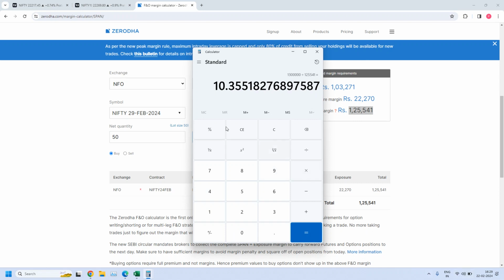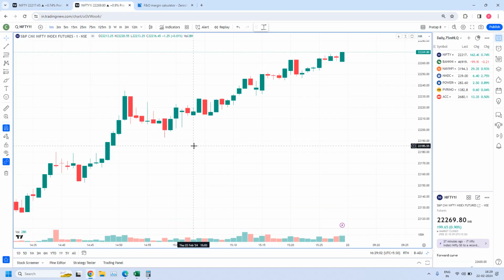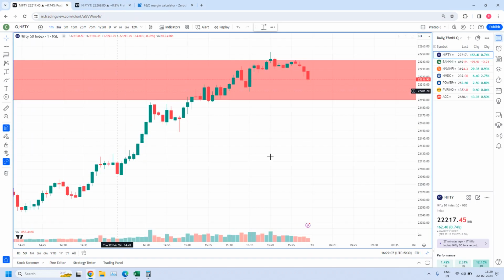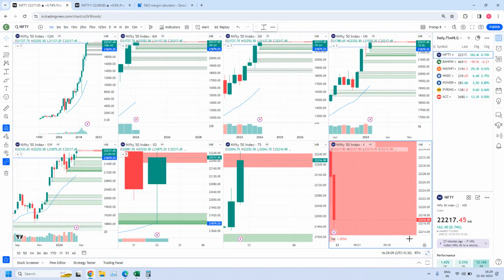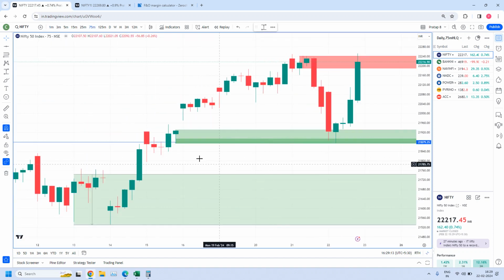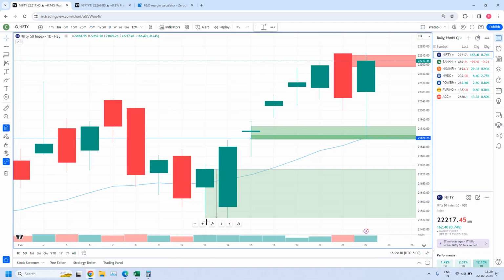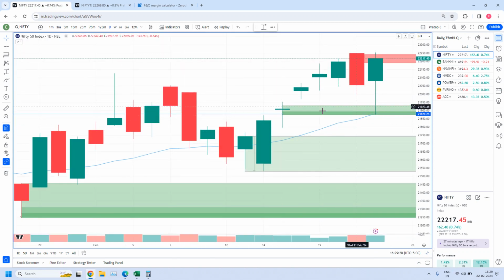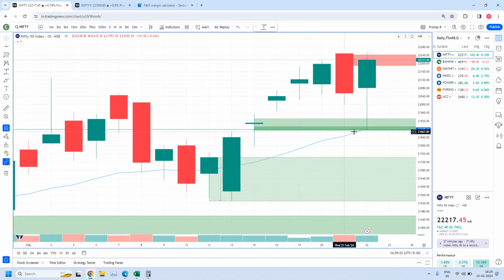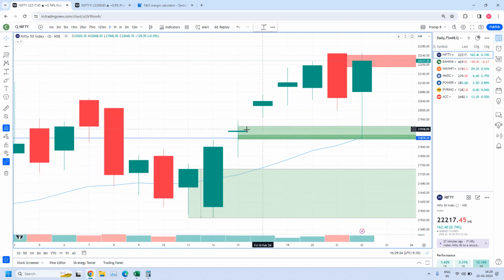Which concept helped you to get such a huge profit? The concept you learned in our recent training lesson: zone confluence and the daily time frame. This 75-minute zone is having confluence.